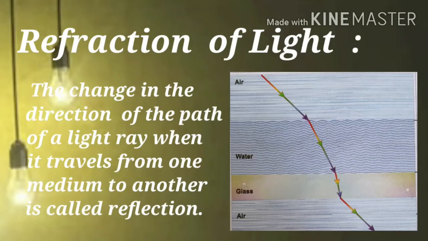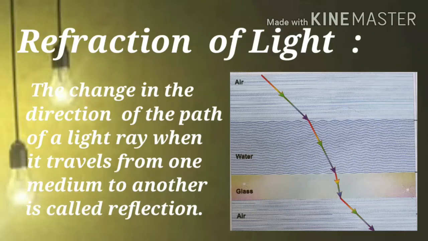Students, this process of refraction happens because the speed of light changes when it travels from one medium to another, and the transparent medium can be anything: air, water or glass.